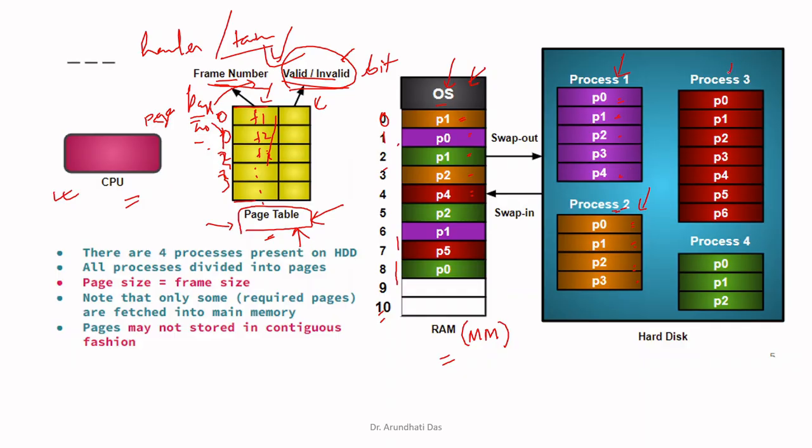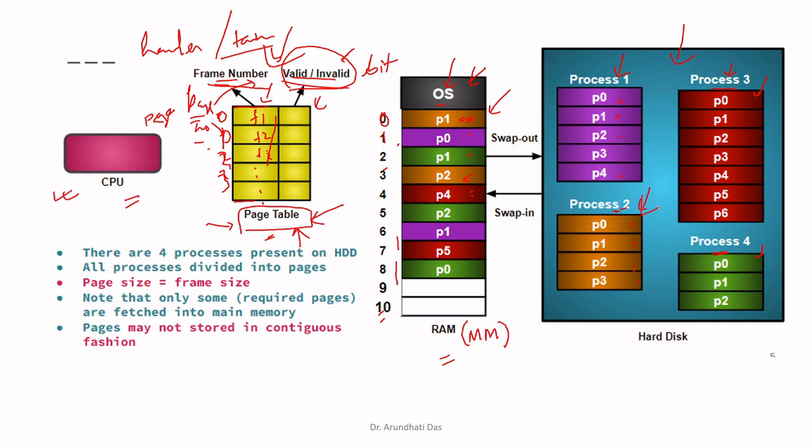Okay, then another process P3 is there in the hard disk, assigned the color red. One more process P4, which is identified by the color green. So there are 4 processes in the hard disk, and my RAM is having only a few pages from those processes. For example, orange, you can see page numbers 1 and 2.